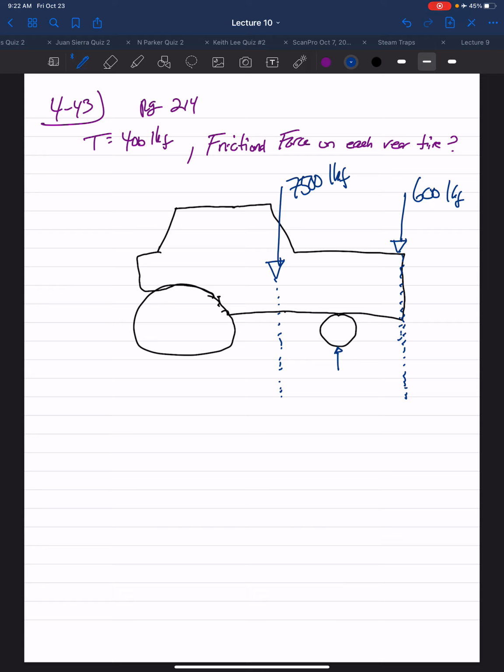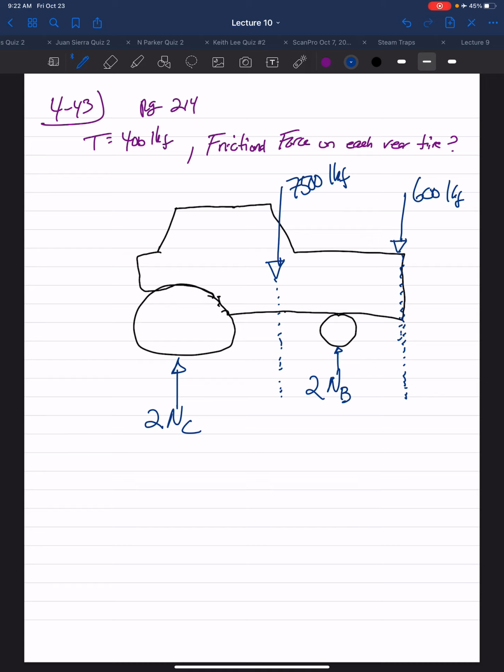So with the normal force at the front wheel, we'll say N sub B, and we'll represent the two by two of those, equivalent. And with the normal force at the rear wheels, N sub C, once again, two of them.